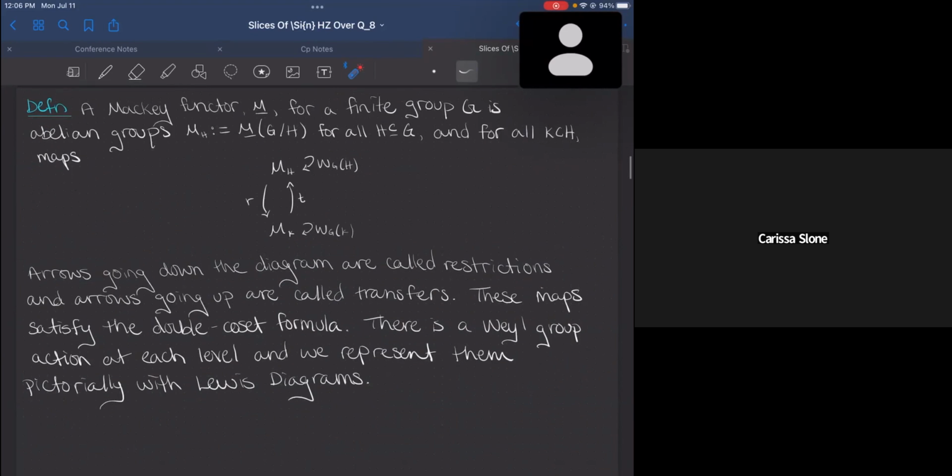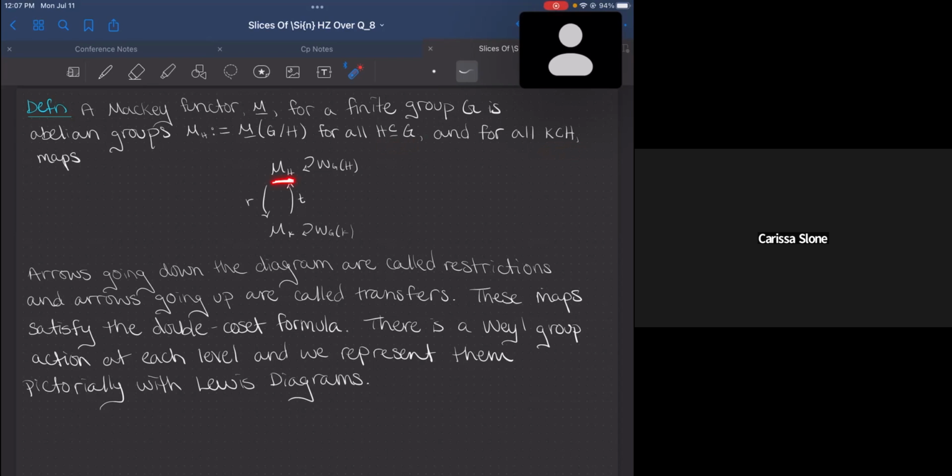We're talking about genuine G-spectra, so of course we also want to talk about their homotopy. And their homotopy takes the form of what's called a Mackey functor. So a Mackey functor M-underline, and every Mackey functor is going to be underlined, for some finite group G is abelian groups M_H for every subgroup H of G, and for every K contained in H, we're going to have maps.